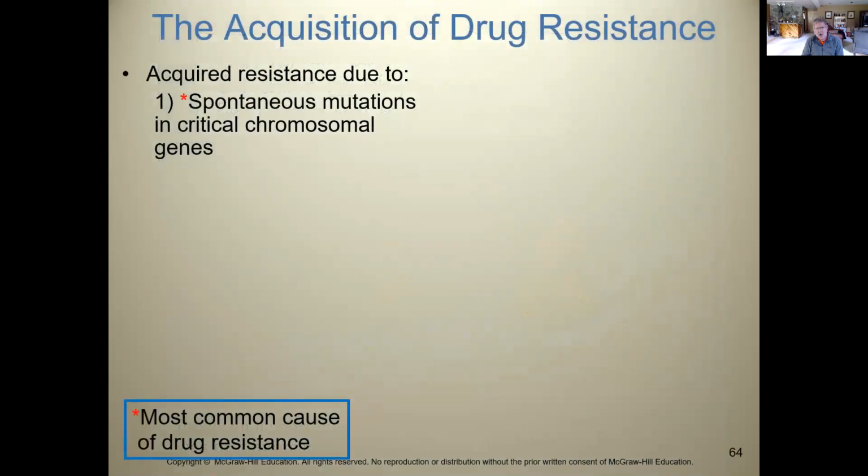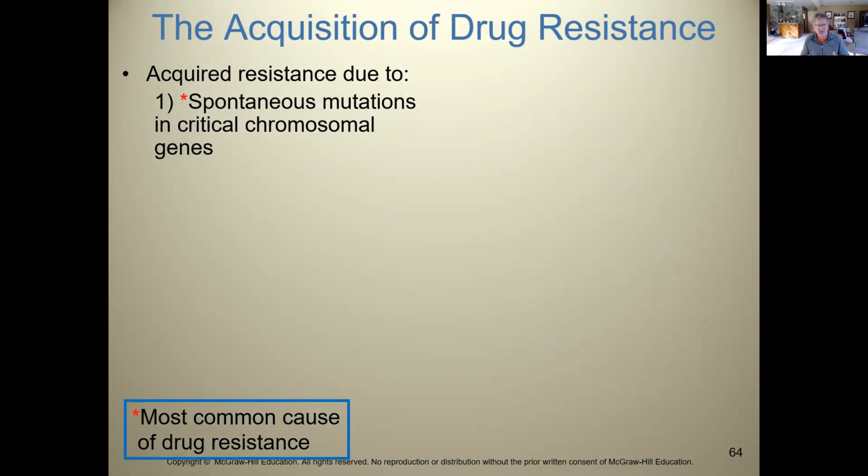So how do populations acquire drug resistance? Well, there are 2 major mechanisms. The first one, which you note is the most common cause of drug resistance, relates to the notion that there are constant spontaneous mutations occurring within the cells of all bacterial populations.